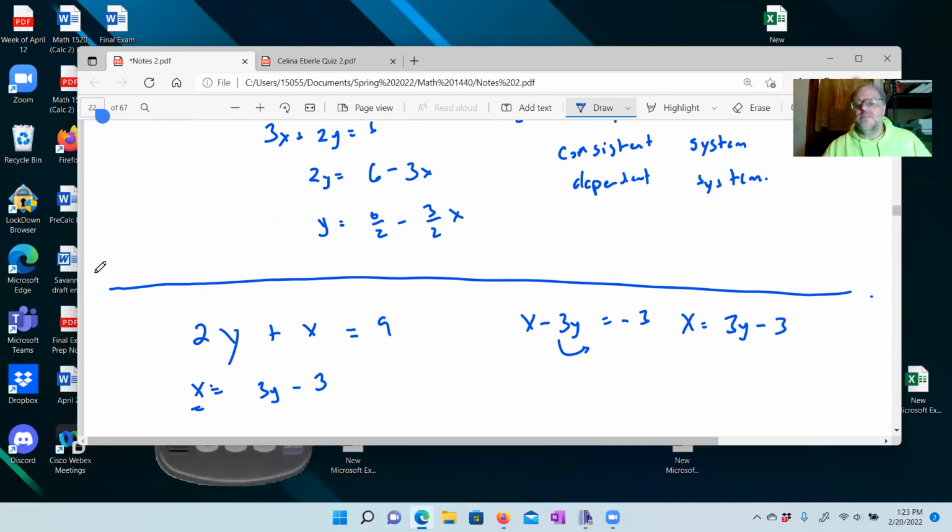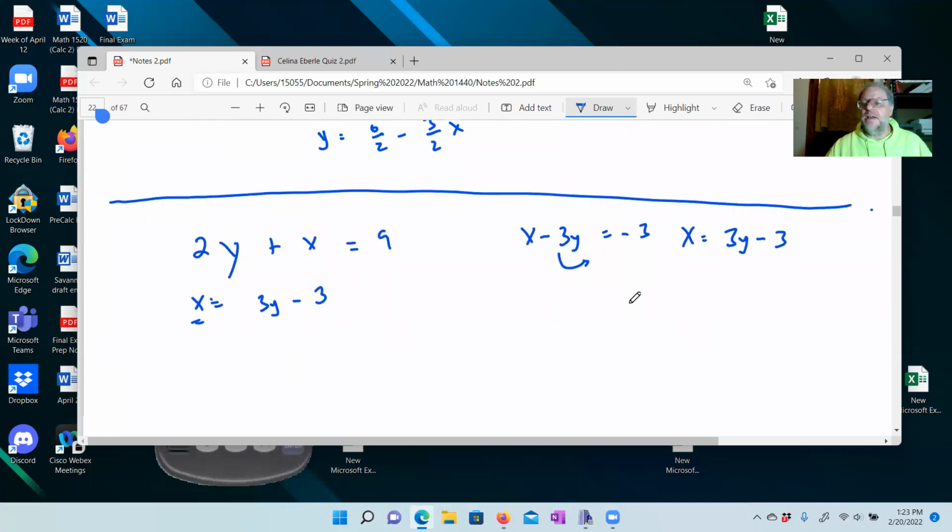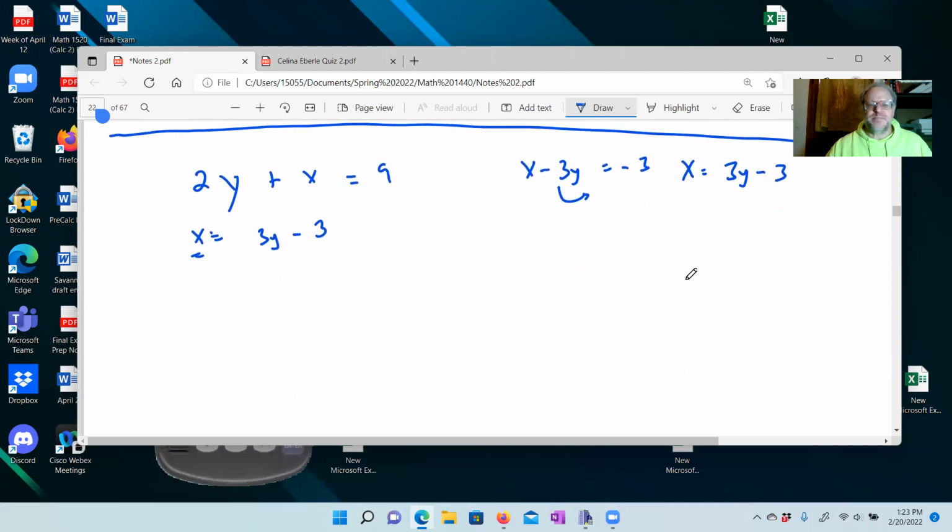So if you have a one-step kind of substitution you can do, that's pretty much what's suggesting to you that substitution might be the easier way. When we get to elimination, if you like that one more, then be my guest, use that one instead. Elimination we would have to work around a little bit, but not that big of a deal.